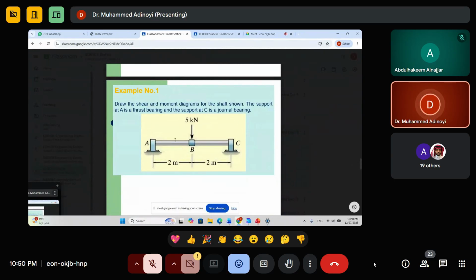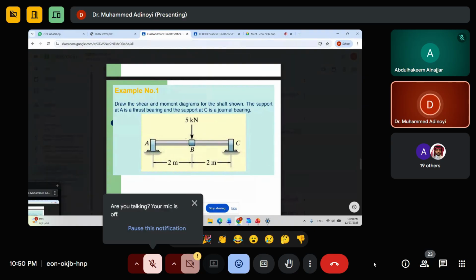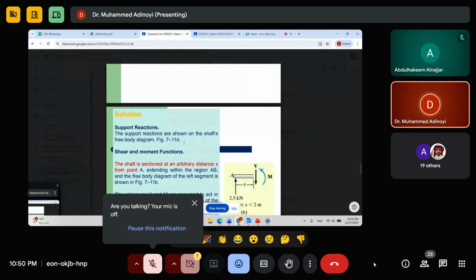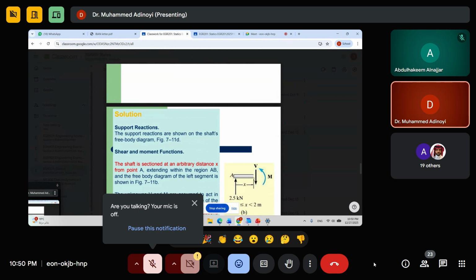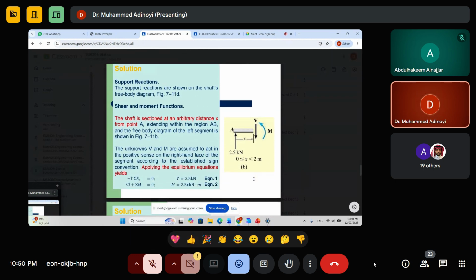So when you want to write the equation, the first thing is to cut the beam before you get to a load. So that's what was done here. They cut the beam before B. Then when you cut it before, your equation is going to be in x. So this is a linear equation. When you have an equation like 2.5x, it is a linear equation.